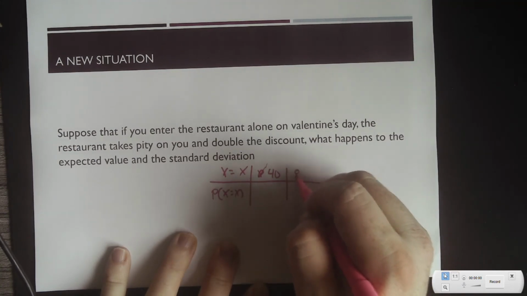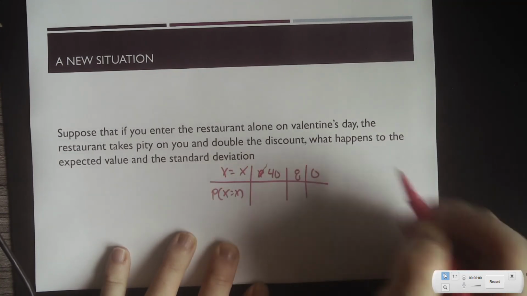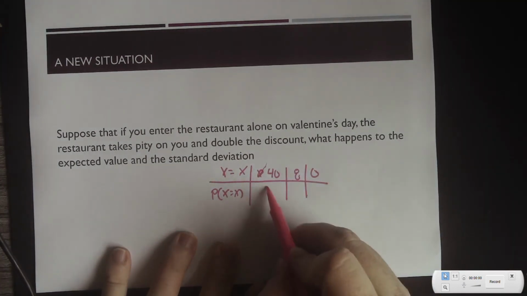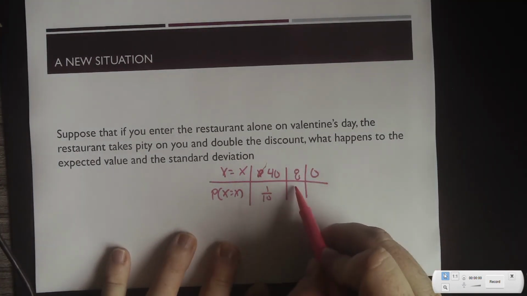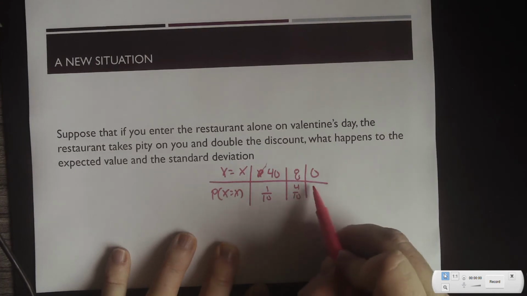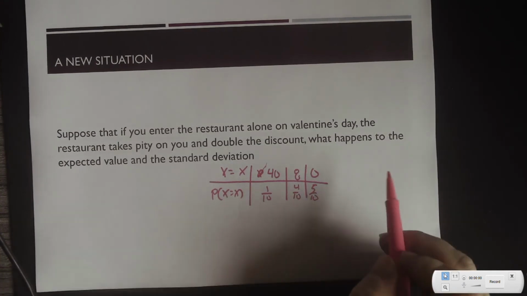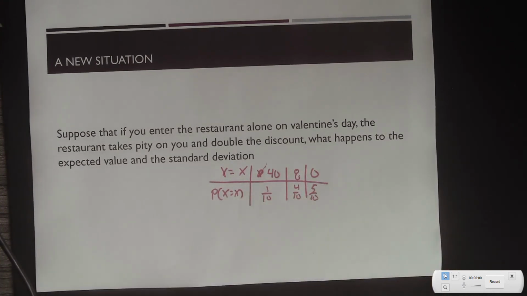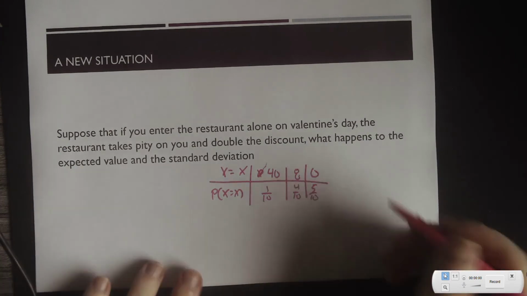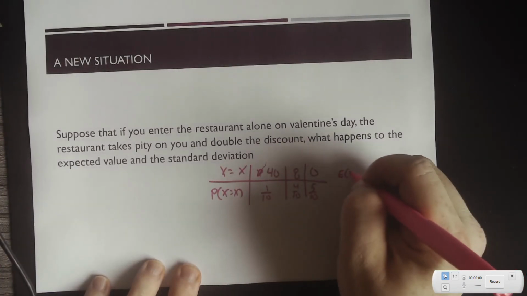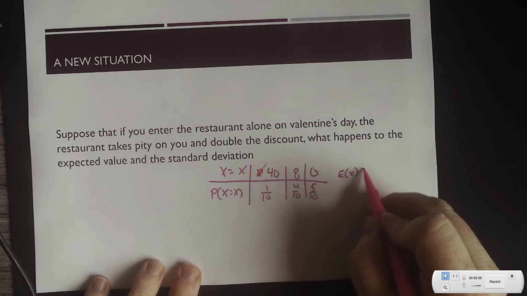It'll be 8 because you doubled 4, and then still 0 because when you double 0, it's 0. Probabilities haven't changed. So again, I don't really want to have to rework the whole expected value, but if we were to, what would it come out to be?